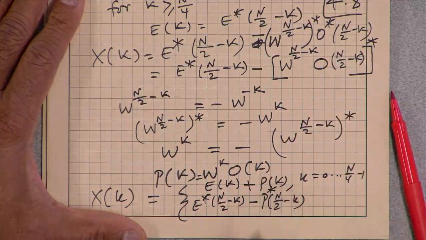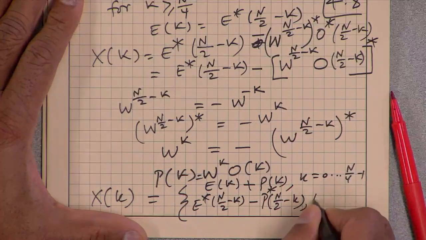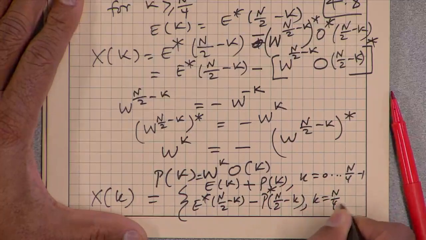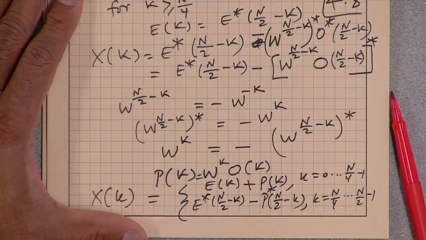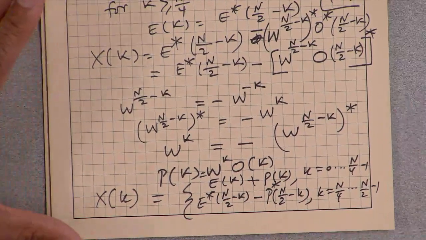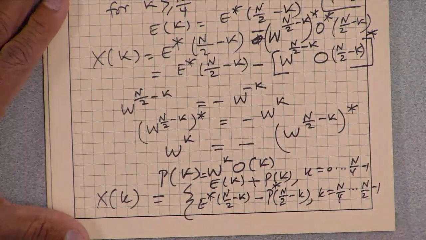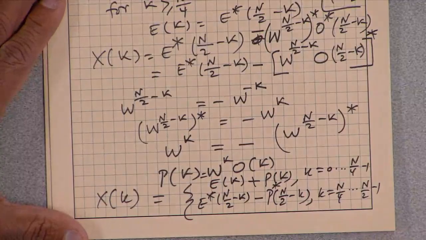So P conjugate n by 2 minus k, for k equal to n by 4 to n by 2 minus 1. Okay, so that completes really what we are trying to accomplish.